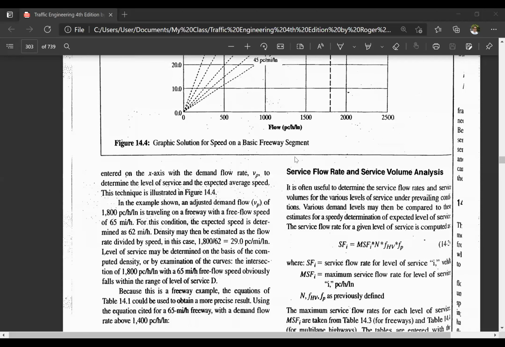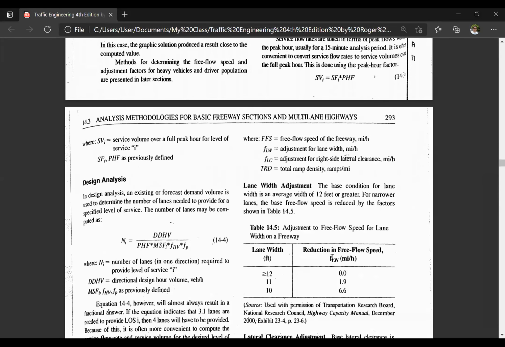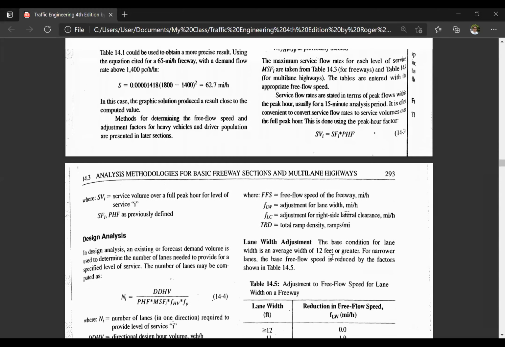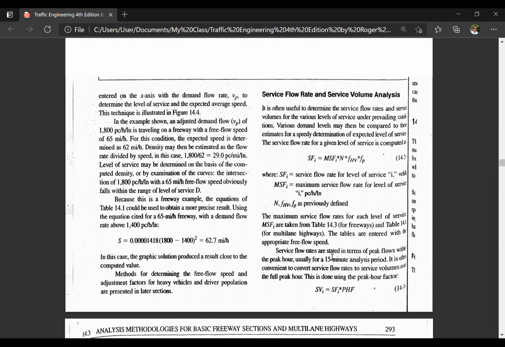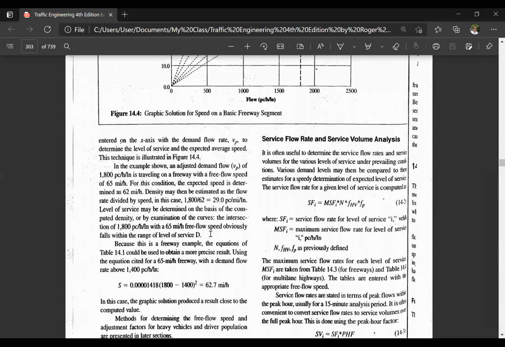The question is focused on this part, right?